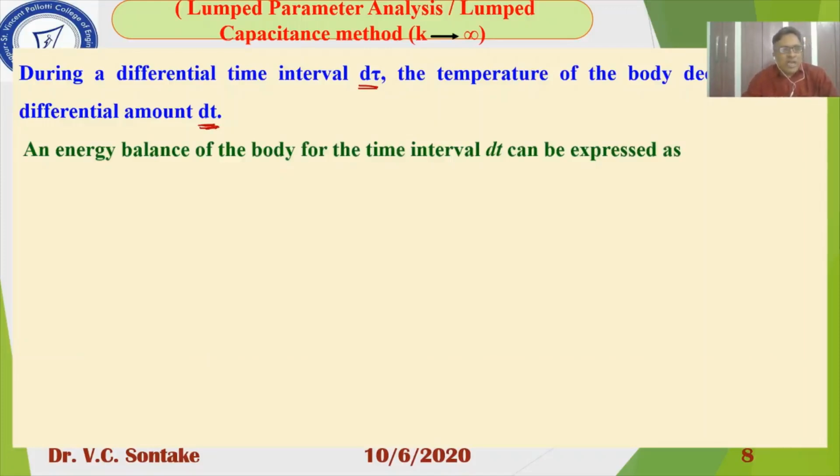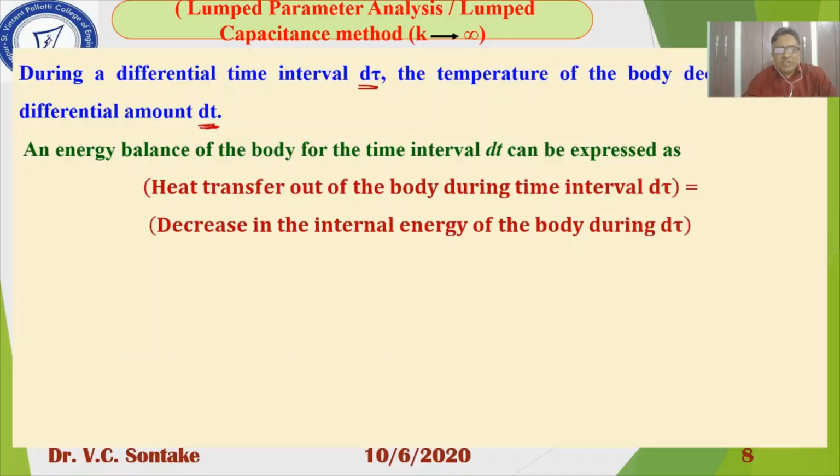Now an energy balance of the body for the time interval d tau can be expressed as: heat transfer out of the body during time interval d tau by convection is equal to the decrease in the internal energy of the body during d tau. Symbolically, I can represent it as Q convection is equal to E out, that is, the rate of energy transfer from the body is equal to the rate of decrease in the internal energy of the body.